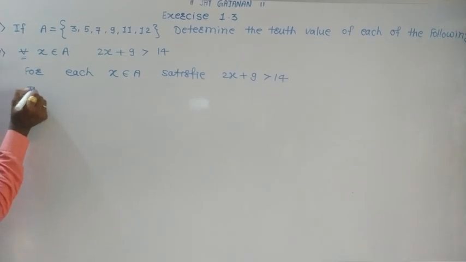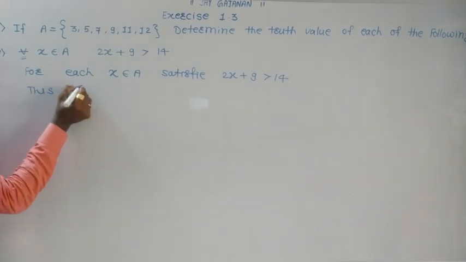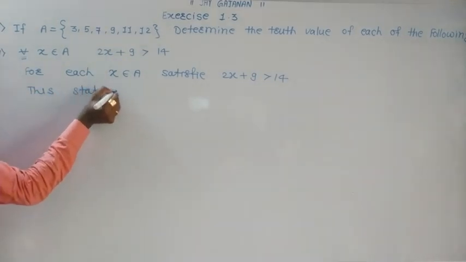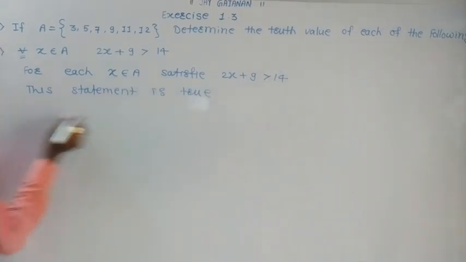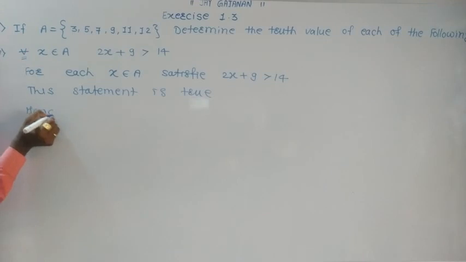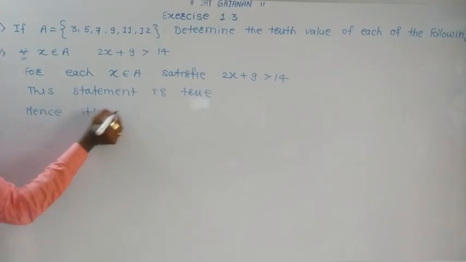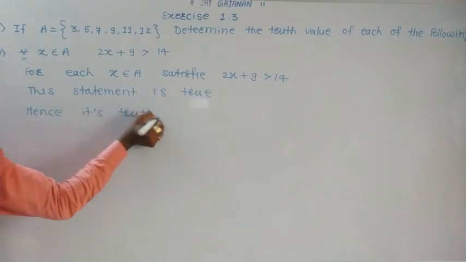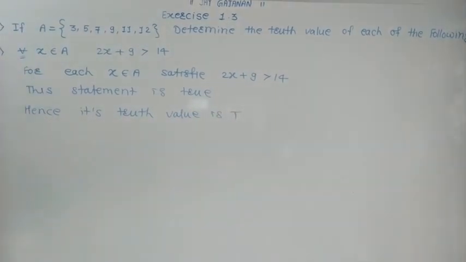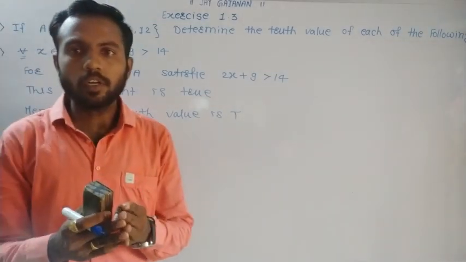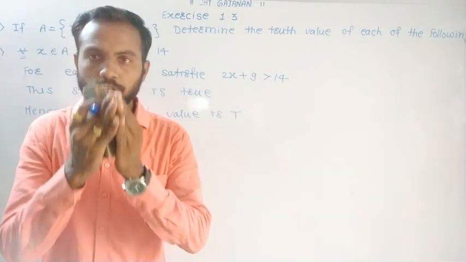Therefore, this statement is true. Hence, its truth value is capital T. I hope you understand the universal quantifier and existential quantifier.